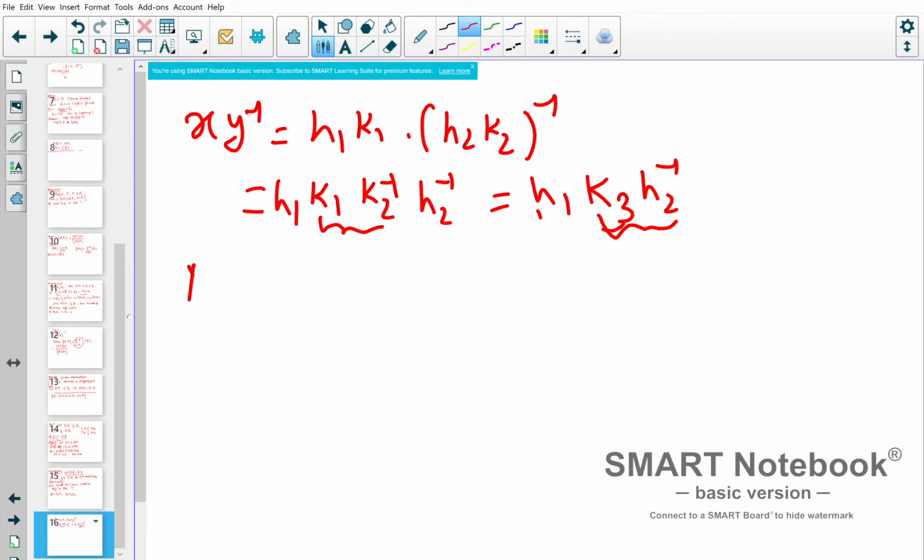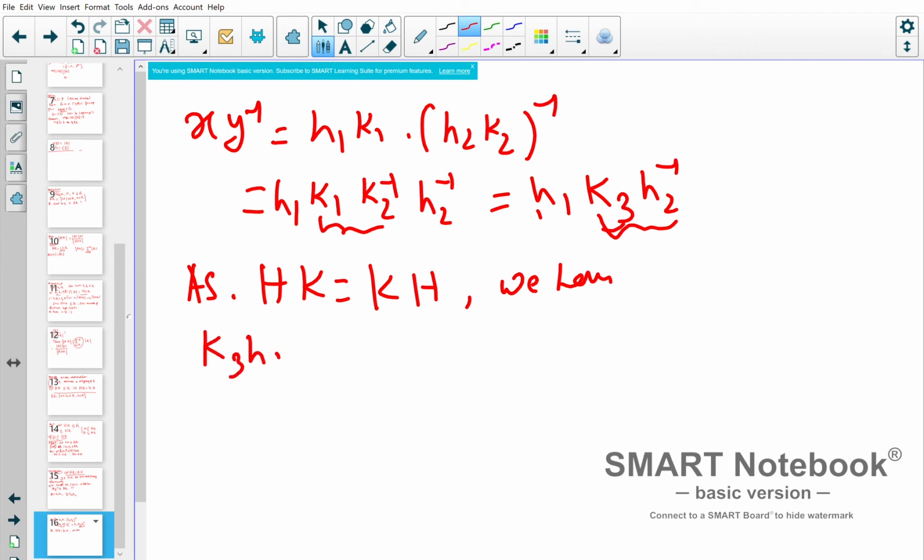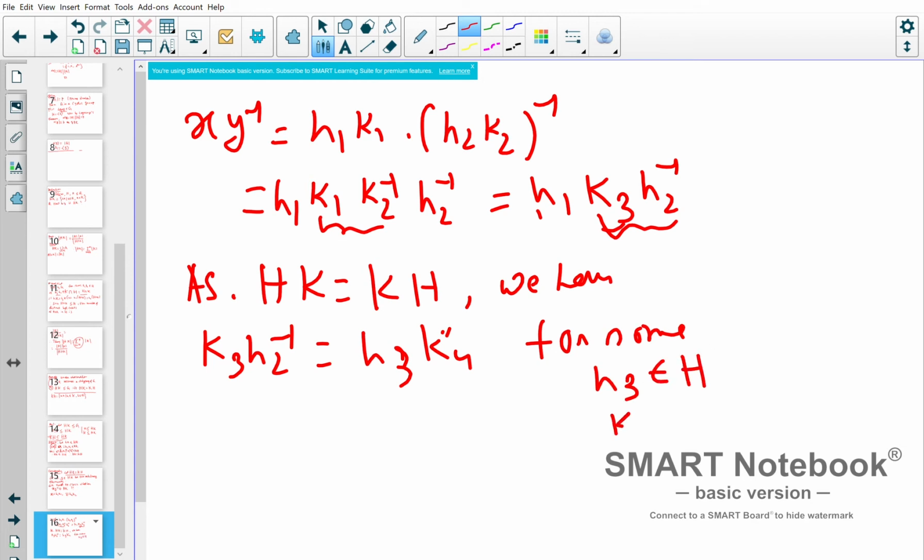As HK equal to KH, we have k3 h2 inverse equal to something, say h3 k4, for some h3 belongs to H and k4 belongs to K. Okay, so what happened then?